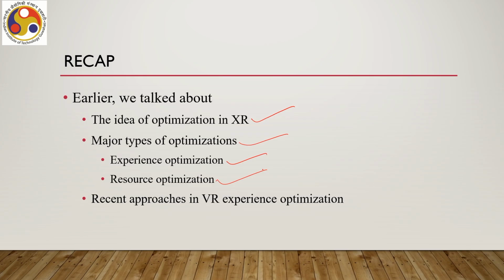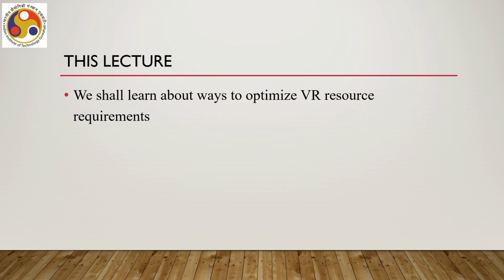Earlier we talked about experience optimization in the context of VR or immersive experience, where we talked about techniques to reduce or minimize the onset of cyber sickness. Now, in this lecture, we are going to learn about ways to optimize the VR resource requirements. So, previously we learned about optimizing VR experience, now we are going to talk about optimizing VR resource requirements.